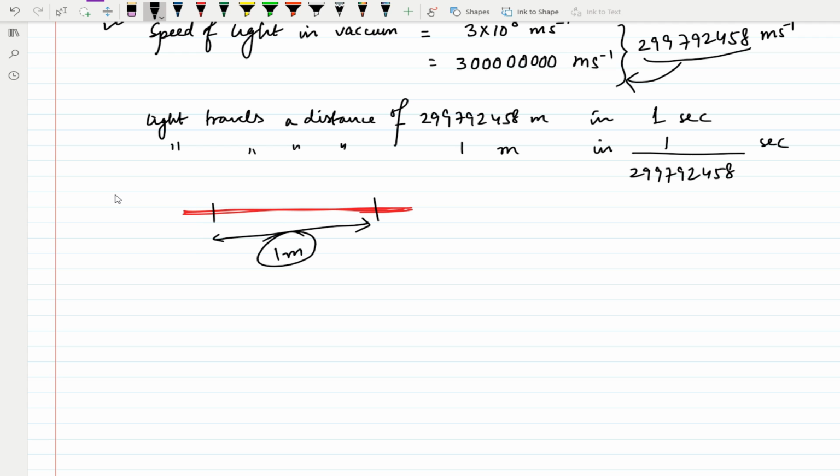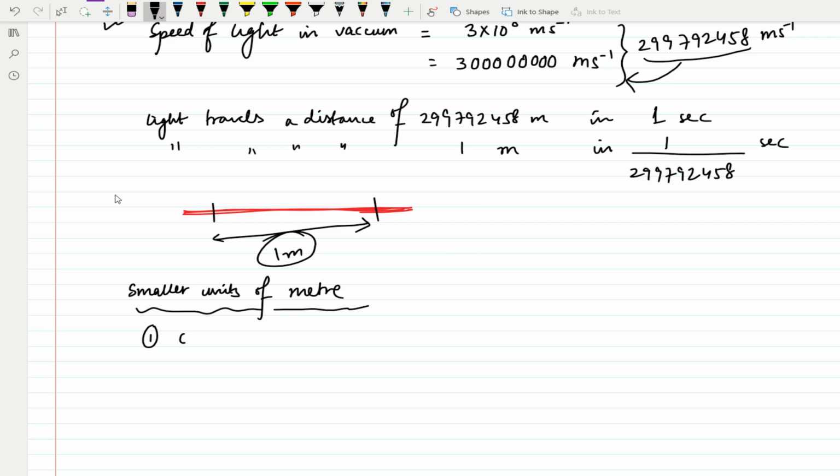This was the standard used, and it is still kept in Paris. This was the old definition of meter, but now you will use the new one which I have informed earlier. Now we come to a few smaller units of meter or length.